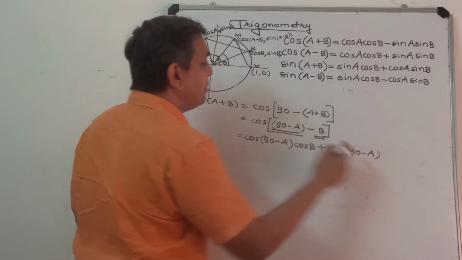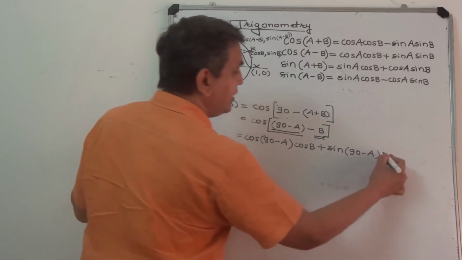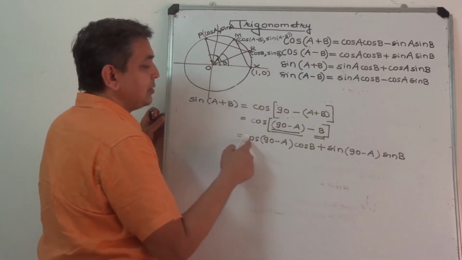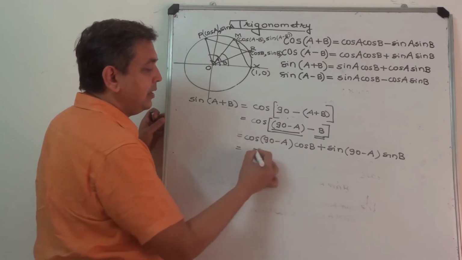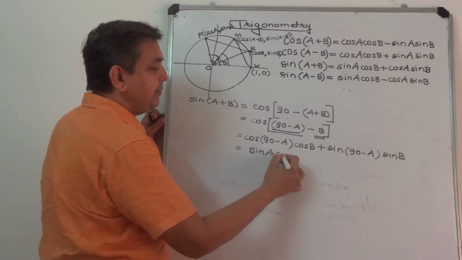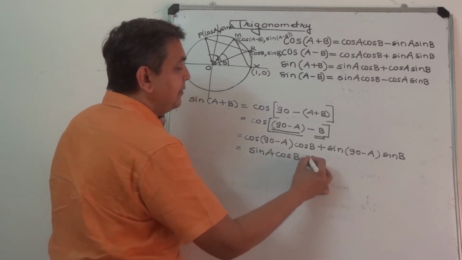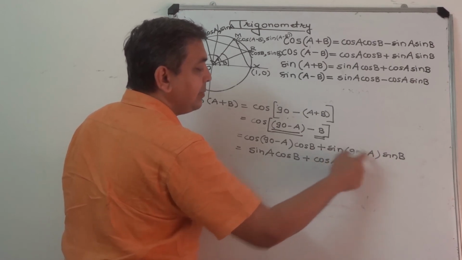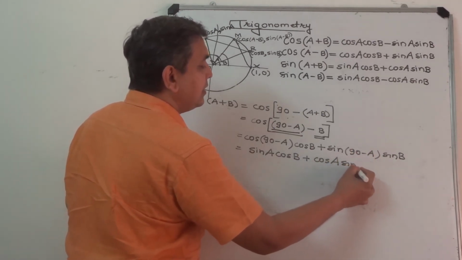Sin A, in place of A we have 90 minus A here, into sin B. What is cos 90 minus theta? Is it sin theta? So cos 90 minus A is sin A, cos B, plus cos A, sin 90 minus A is cos A, sin B.